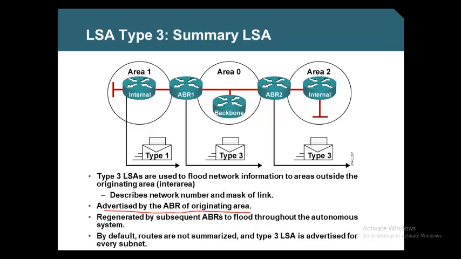And again regenerated by the subsequent area. That is what I was telling you. Goinsami is regenerating the one which was sent by Coupon. See, advertised by the ABR of the originating area, regenerated by the subsequent ABR to flood throughout the autonomous system.